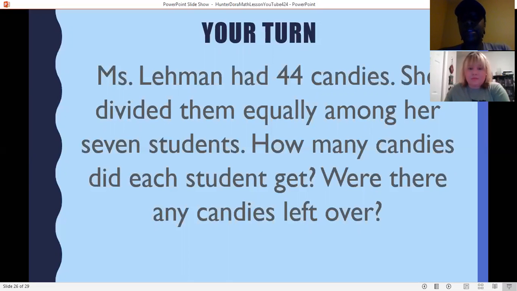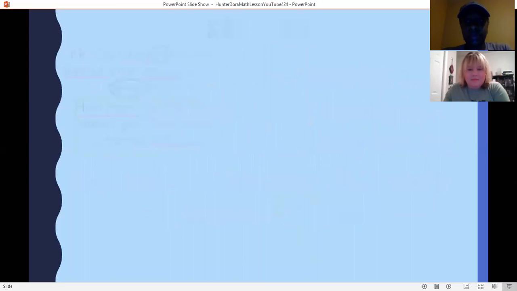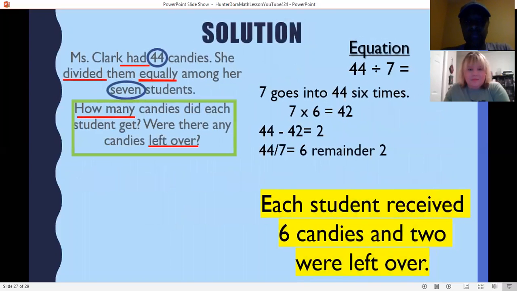All right, let's check out the solution. All right, so 44 is circled, 7 is circled, our clue words are underlined, our question is boxed, and here's our equation, 44 divided by 7. 7 goes into 44 6 times because 7 times 6 is 42.